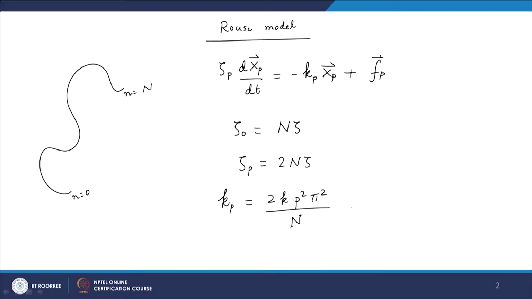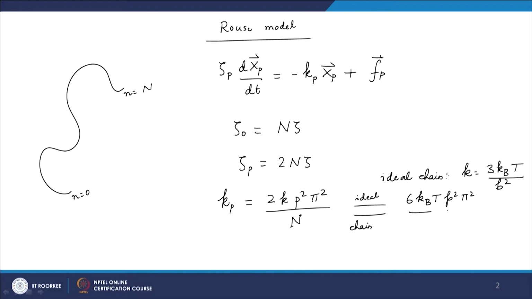Now, you can recall that for an ideal chain, the k value was derived to be 3 kBT by b square, and therefore, for an ideal chain we can write Kp as 6 kBT p square by N. We have also derived an expression for Fp, and I am not going into details here.